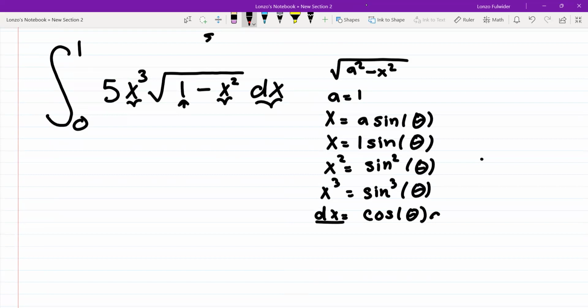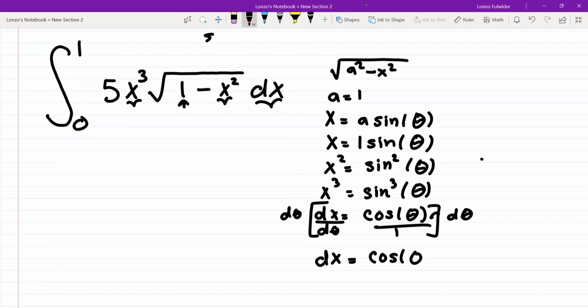And then all you have to do is bring over the d theta. So you have dx equals cosine theta d theta. So now we have everything we need.